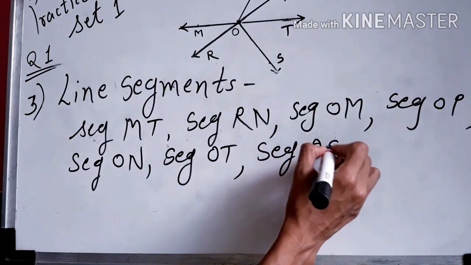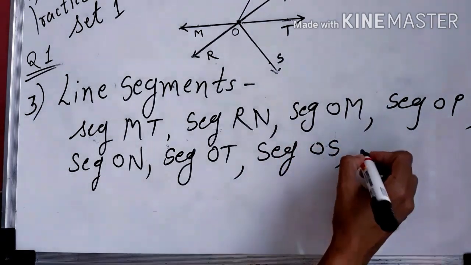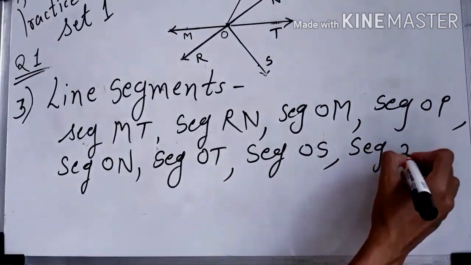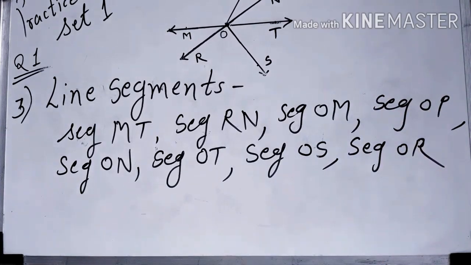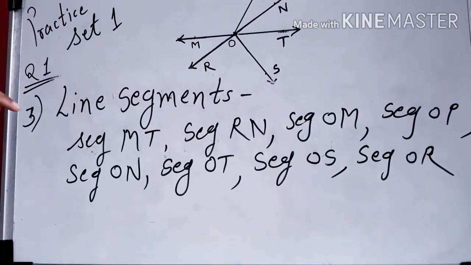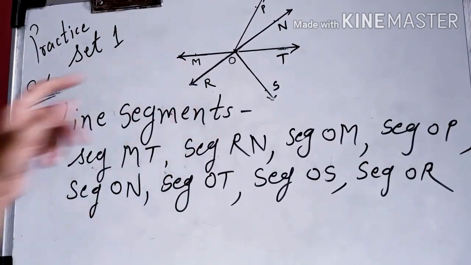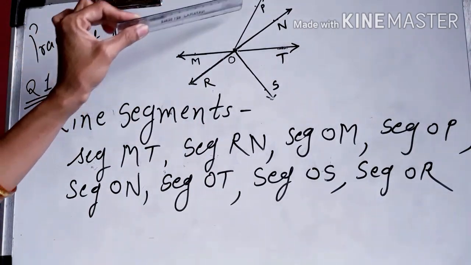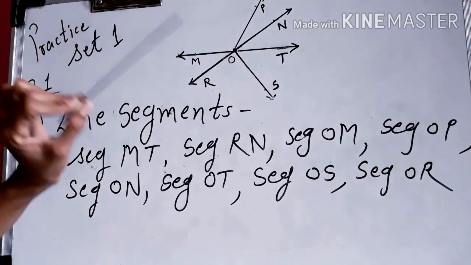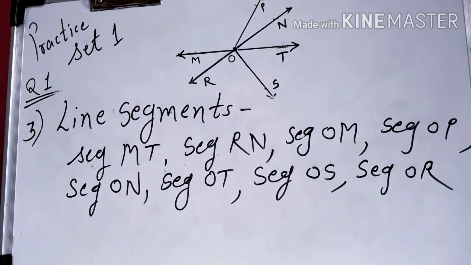Seg OS. And seg OR. These all are the segments which are there in this particular figure: MT, RN, OM, OP, ON, OT, OS, OR. These are all the segments here.